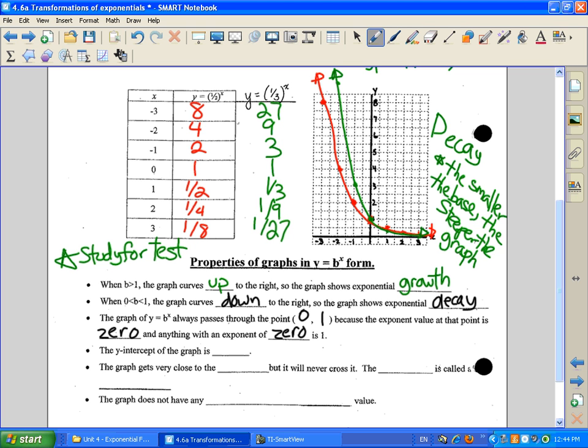All right, the y-intercept of this graph is 1, and the graph gets very close to the x-axis, but never crosses it. The x-axis is called an asymptote. So you might have had "and" cut off because of your hole punch there.